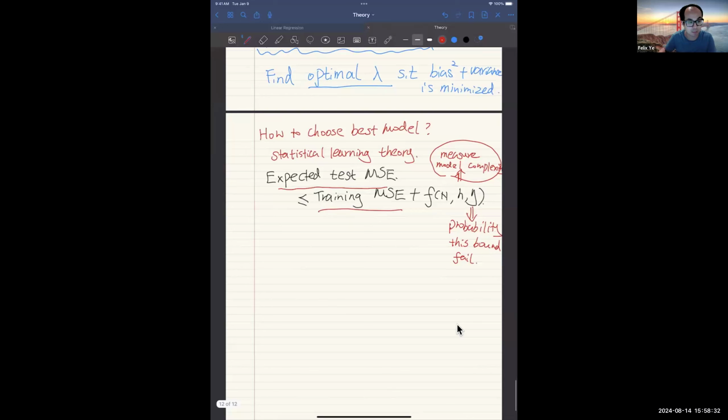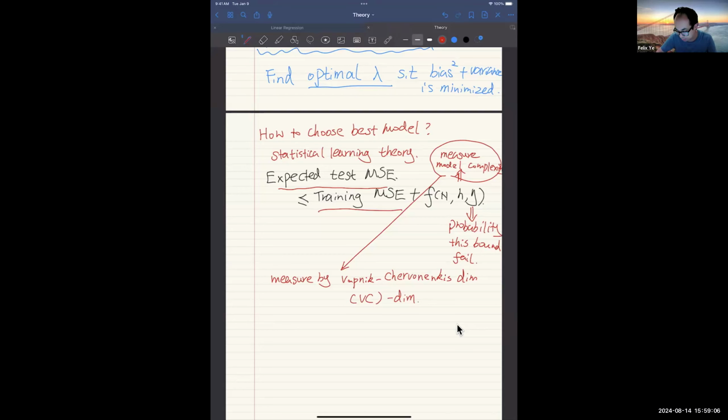This is measured by what is called the Vapnik-Chervonenkis dimension, and usually we just call it VC dimension.